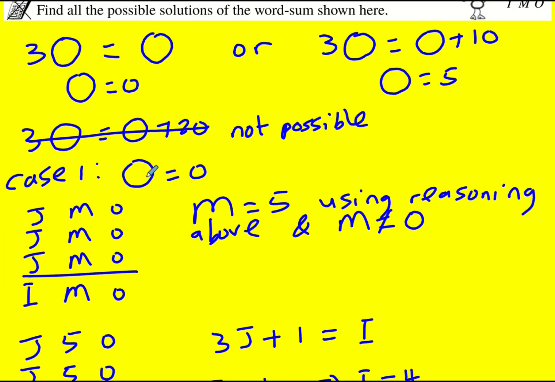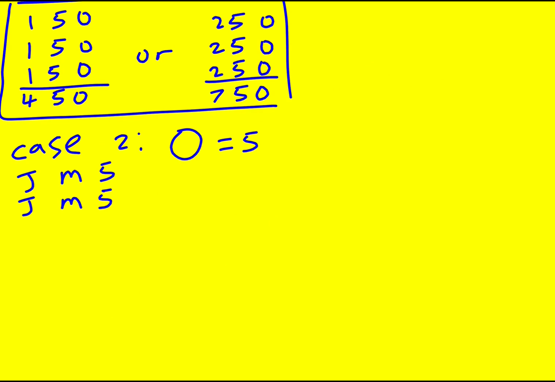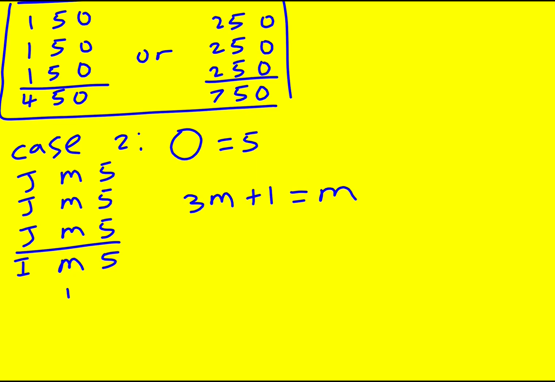And remember, that was when O is equal to 5. Okay, let's see what happens. So here I'm carrying 1, so I've got 3M plus 1 equaling, well, it can't equal M because M would have to be negative then.